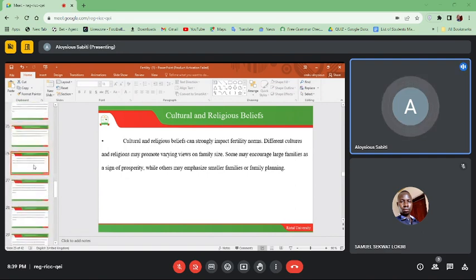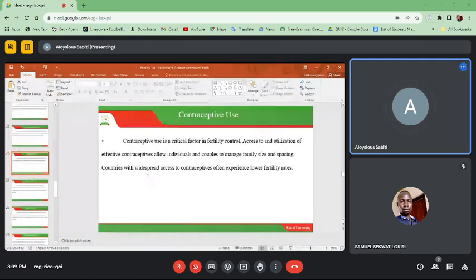So contraceptive use is also among, and we're saying that it is a critical factor in fertility control, and access to or utilization of effective contraceptives manage family size and spacing.